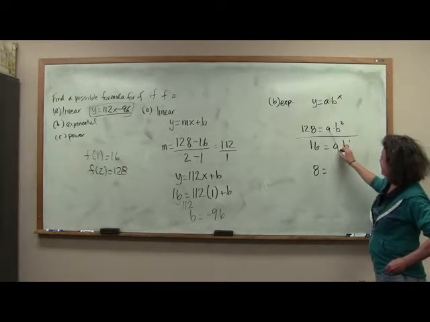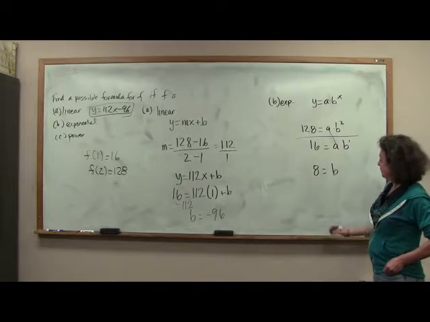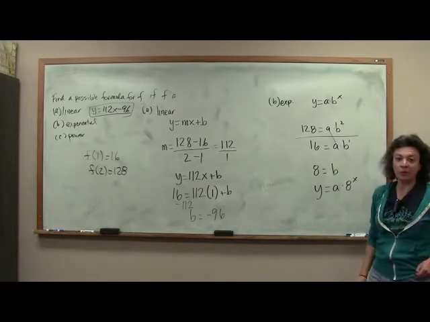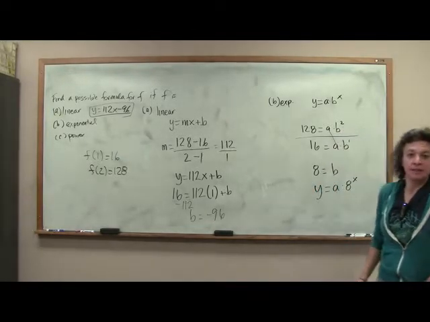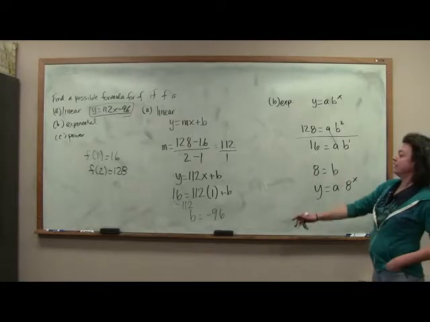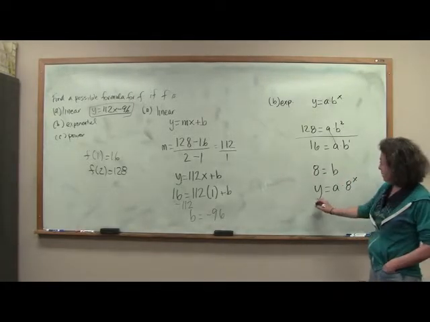Our a's cancel, and b squared over b is simply b. So we already have y equals a times 8 to the power of x. Now what we need to do is find our value of a. Again, we can plug in either ordered pair we want. Again, I'll plug in my top one precisely because it's less work.